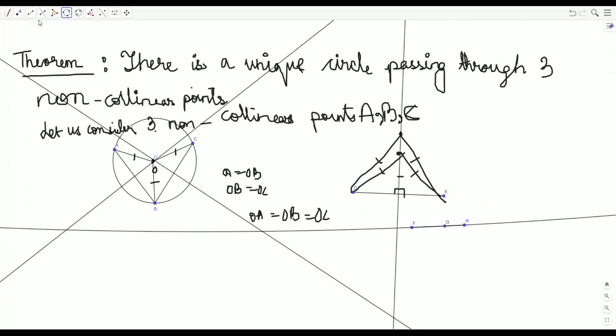And one more thing in this part: we can say that OA, OB and OC are called the circumradius here. OA is equal to OB and OC, and these are known as circumradius.